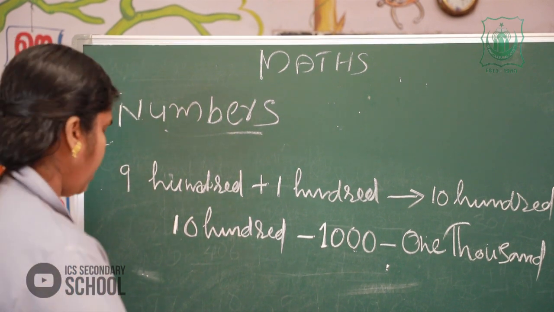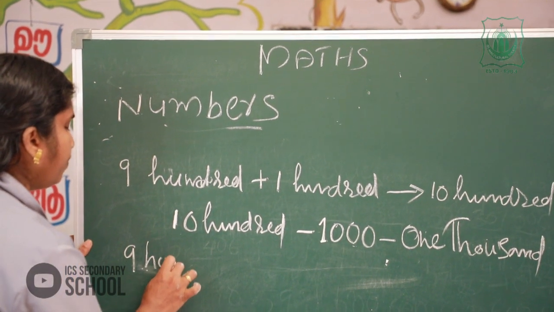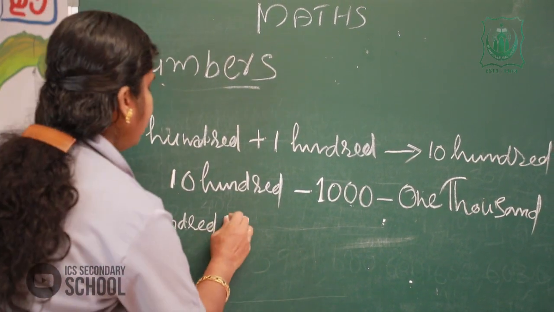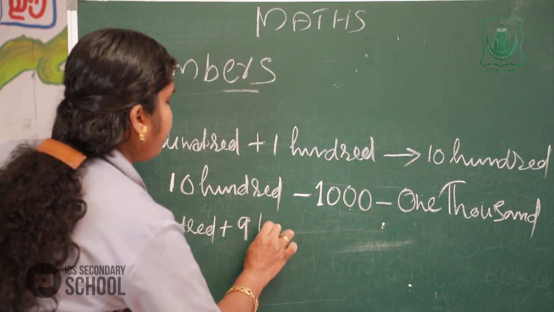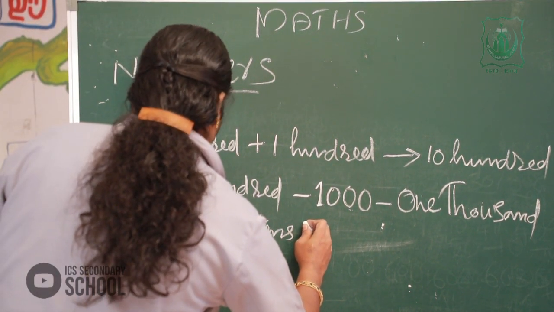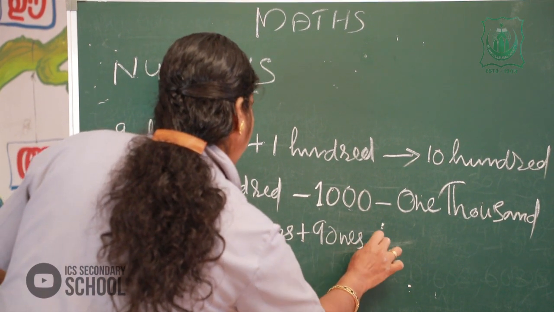Next one, how to get it? 900 plus 9 tens plus 9 ones plus 1.